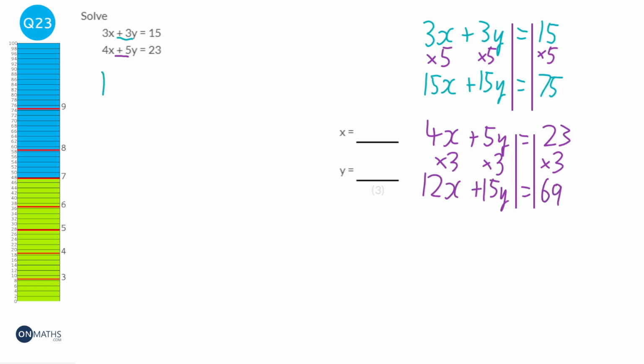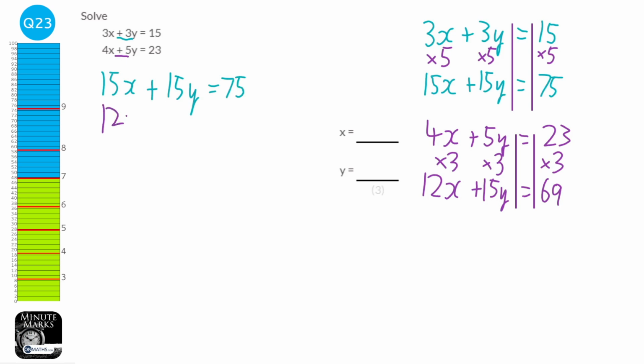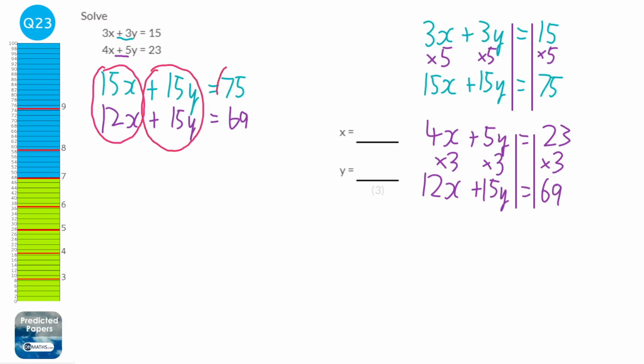So we're going to write those equations again next to each other, so we can do our simultaneous equation magic on them. So with simultaneous equations, we're working down the page. So we put these little circles in to show the direction that we're working. And we're either going to add or subtract.